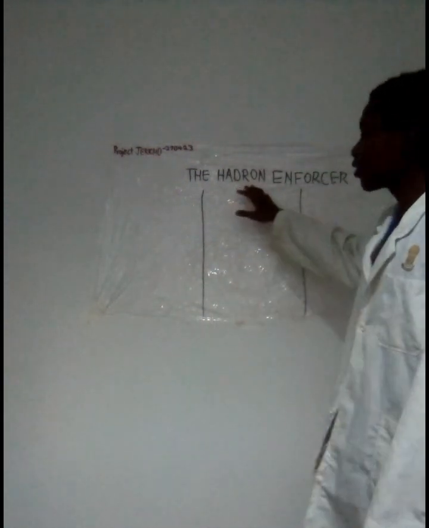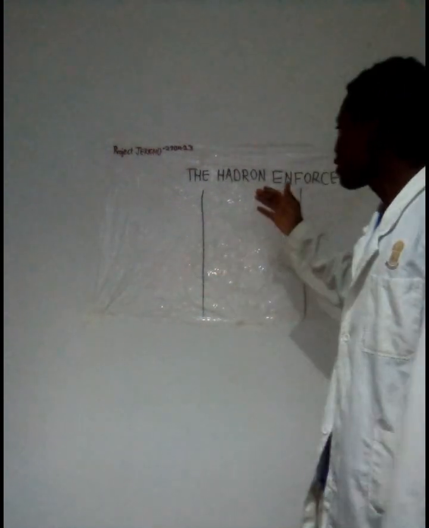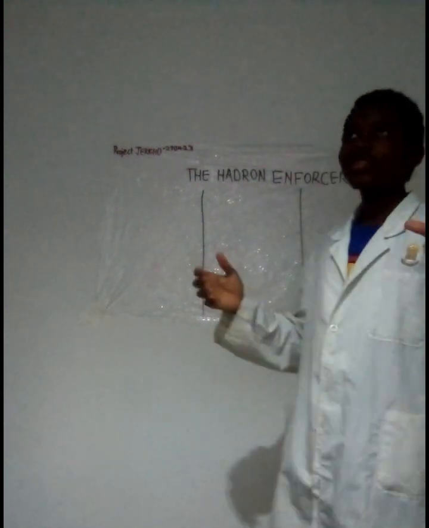The name Hadron is a category of particles called hadrons. These are a category of particles, either baryons or mesons. An example of a meson is a pion or a kaon, and an example of a baryon is a proton or a neutron.